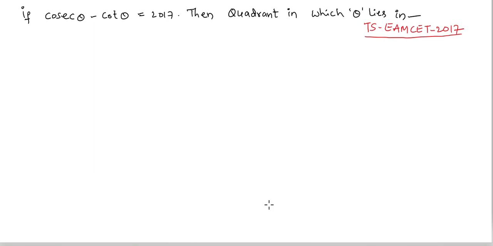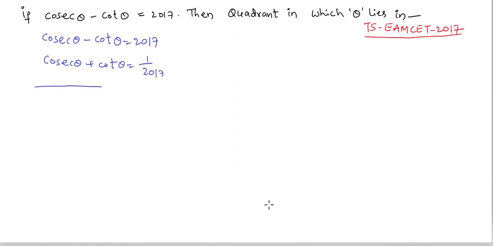If cosec theta minus cot theta is equal to 2017, then the quadrant in which theta lies is dash. This is a TSM set 2017 question. Here it is given cosec theta minus cot theta is equal to 2017. From this, cosec theta plus cot theta is equal to 1 by 2017.